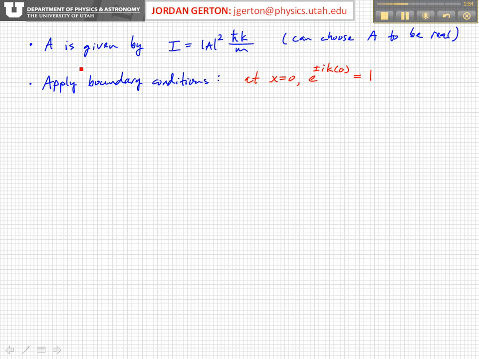And that will give us the constant A. Now we want to apply the boundary conditions. What we recognize is that at x equals 0, at the position of the potential step, for any of the oscillatory solutions, e to the plus or minus i k times x equals 0 is equal to 1.